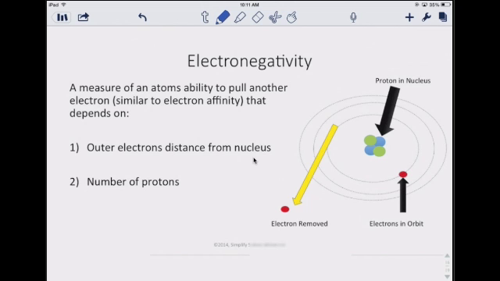And so the main difference between electronegativity and electron affinity is electronegativity usually exists in a bond. So we talk about electronegativity being in bonds. So when something is bonded to another atom, we look at the electronegativity, and the more electronegative substance is going to pull on electrons. So it's the pull on another element's electrons.